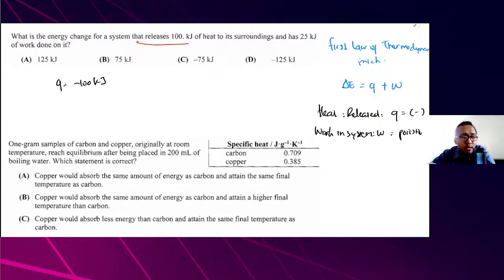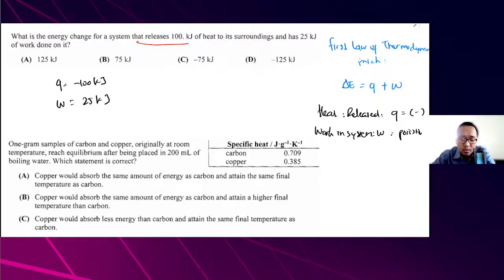And then how about the work done on it? 25 kilojoules of work is done on the system, which tells us W will be positive.